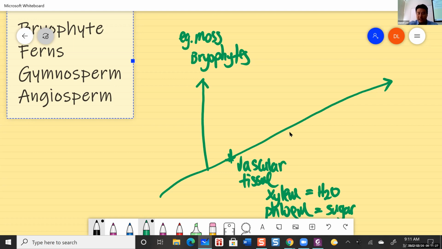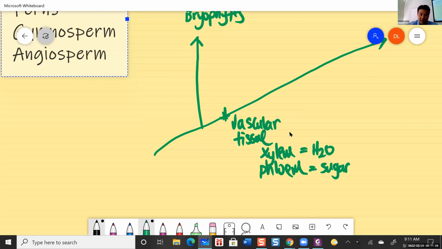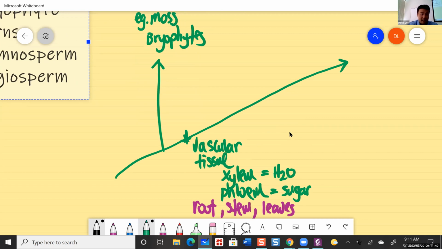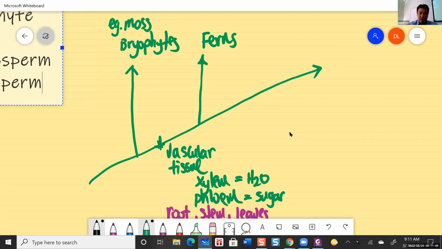So those vascular tissues, xylem and phloem, they become the root, stem, and leaves. So these evolved later. So to give rise to the majority of the plants at that particular point in time, the ferns, yeah. So when the dinosaurs were around, ferns popped up.